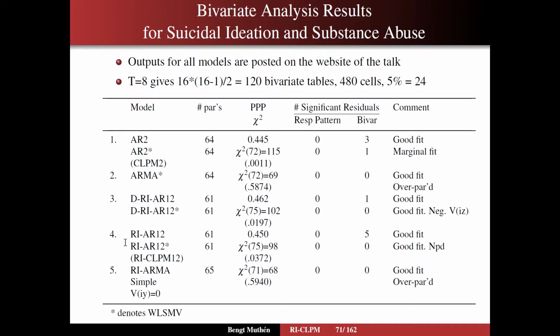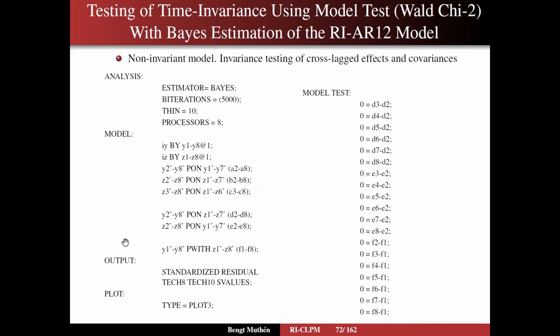So that doesn't help. Moving to slide 72 then, I want to show you how one can do testing of time invariance across these different models using model test. So that's a Wald chi-square test in the Bayesian context. And here we apply it to the RI-AR12 model, the RI-CLPM 12 model.